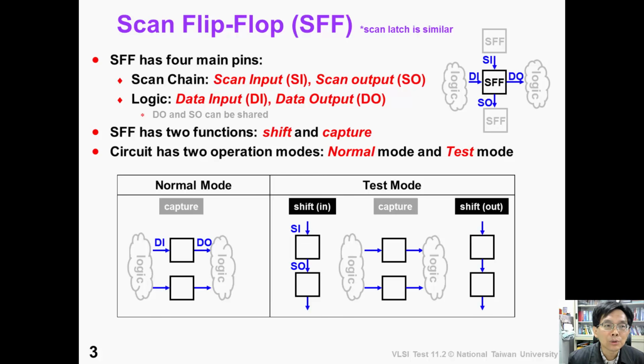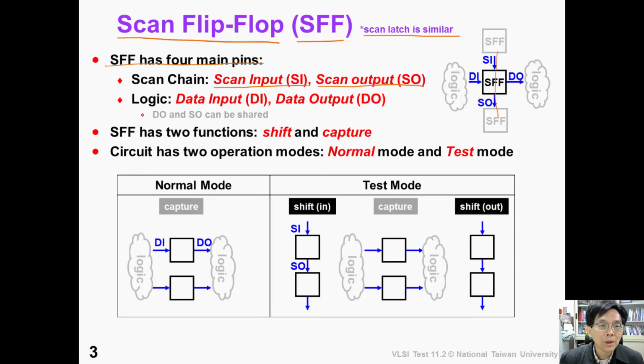This slide introduces the concept of scan flip-flops, or SFF. Please note that we will use flip-flop as an example in this video. For latch-based design, the concept of scan latches is very similar. For a scan flip-flop, we have four important pins: the scan input pin SI and the scan output pin SO. These two pins are used to connect the scan chain as a shift register.